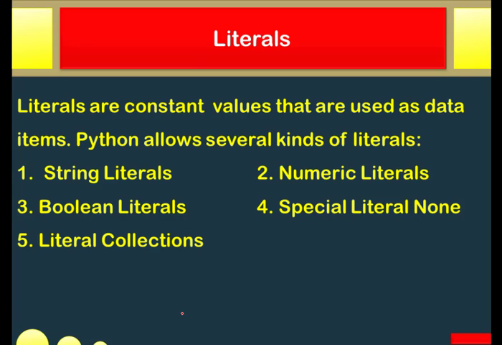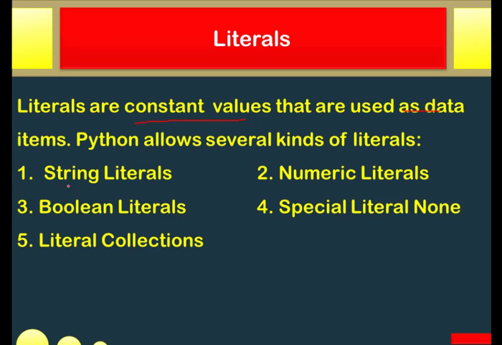Anything we input whose value doesn't change is a literal. Let's say if I input 5, the value of 5 will always remain 5. It is not going to change. So that's a literal. If I am inputting my name, the name will always remain the same. It is not going to change. So that we call a literal. Constant or fixed value, and that we use as data.